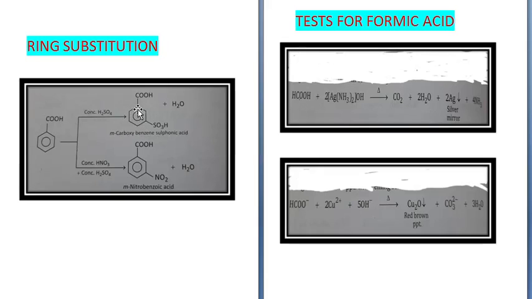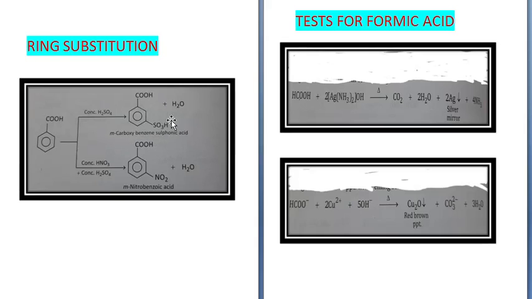Carboxylic acid is highest in the priority table of functional groups, and SO3H will come at the third carbon. This condition in which attachment is on first and third carbon is called meta. So it will be called meta carboxybenzene sulfonic acid plus H2O.